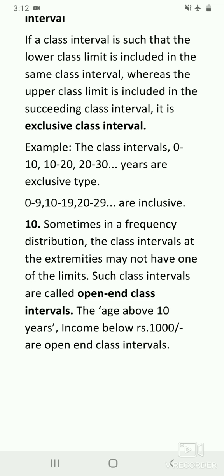For example, age above 10 years or income below 1000 rupees are all open-end class intervals. Here you are considering age above 10 years, so we have no idea up to what age you have to stop. So this is an open-end class interval.